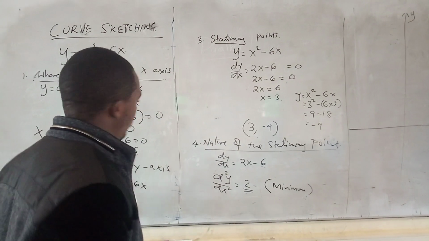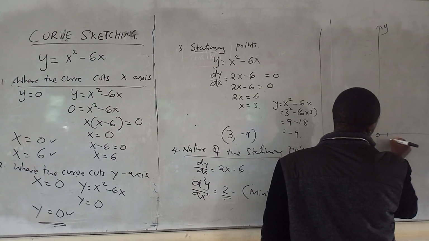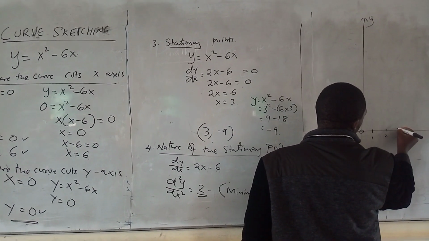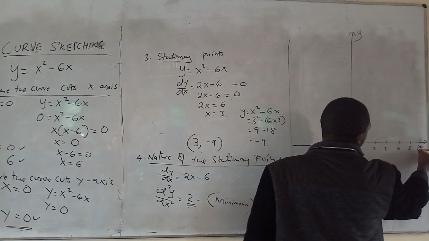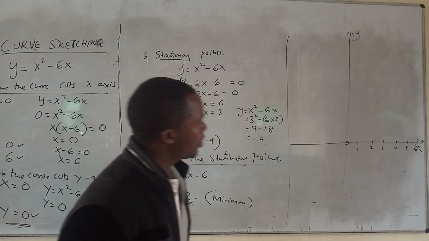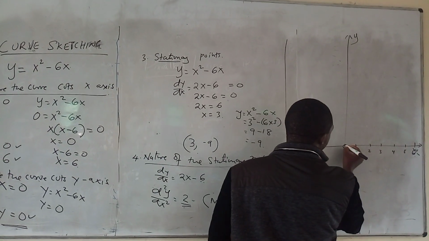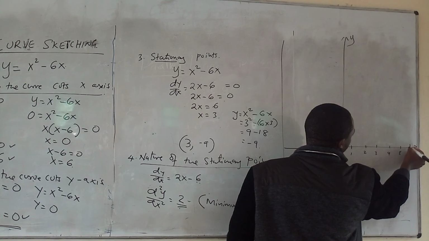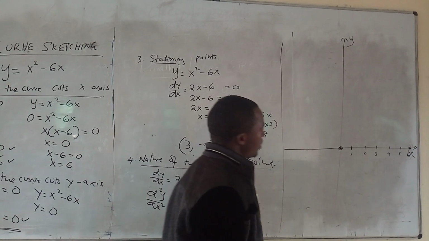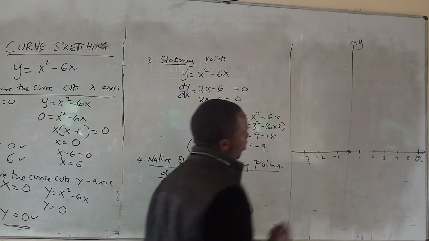It is 0 and 6. So I should say this is 0, 1, 2, 3, 4, 5, 6. I should mark the points where the curve is cutting the x-axis, that is 0 and 6. So I can have -1, -2, -3, and so forth.